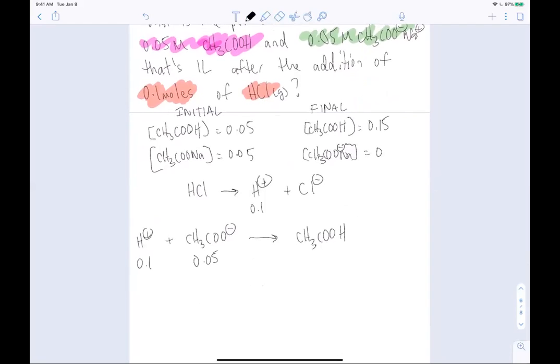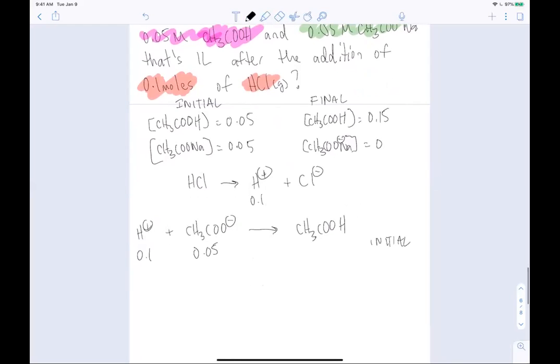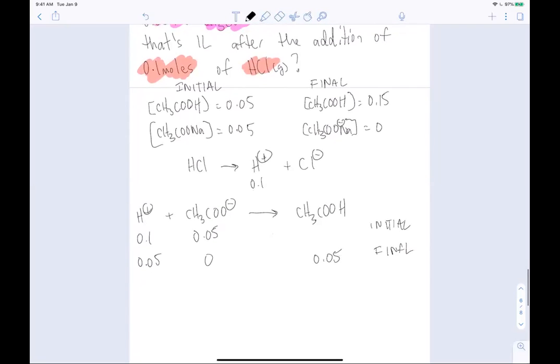So I'm just rewriting this to elaborate on it. I don't know if it necessarily makes it more clear. At the end of the reaction, I'm still going to have 0.05 of this. I'm going to have 0 of this, but I will have formed 0.05 of that.